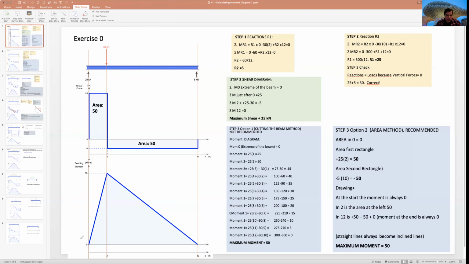Well, I know that the bending is 0 here, and I know that the bending is 0 here, and I only have one place where I need to do the calculations. I just need to calculate how much the moment is at point 2, and put 2 lines together, and that's it. How much is the moment at point 2? Well, first method, I cut just before the 30: 25 multiplied by 2, that is 50.